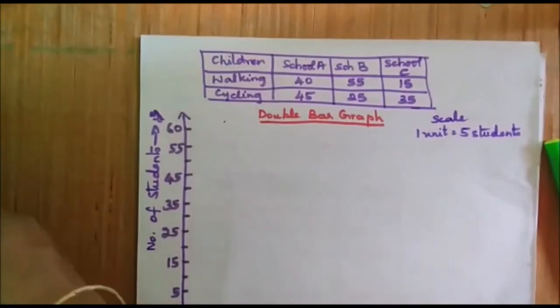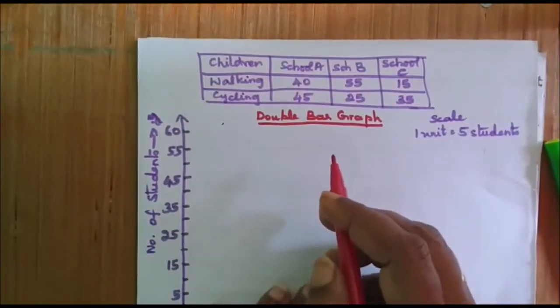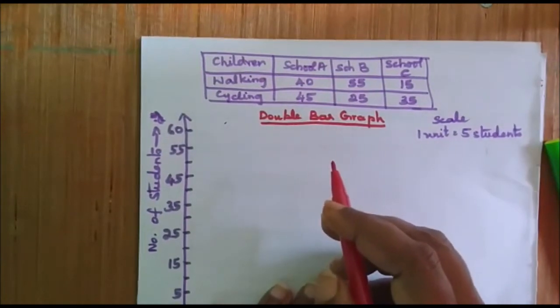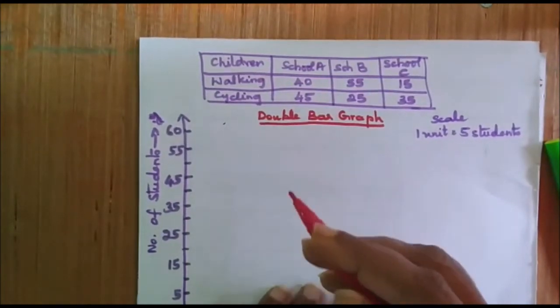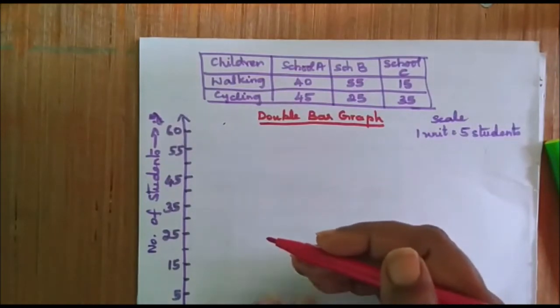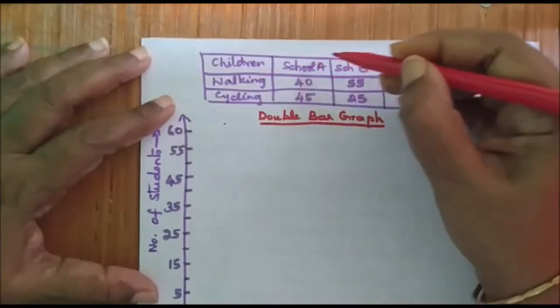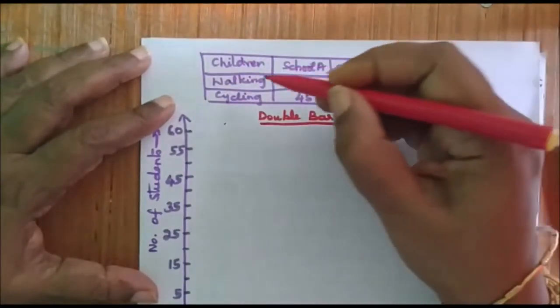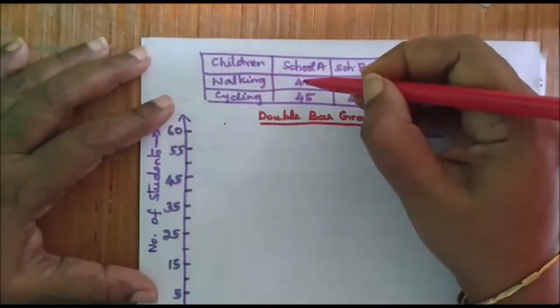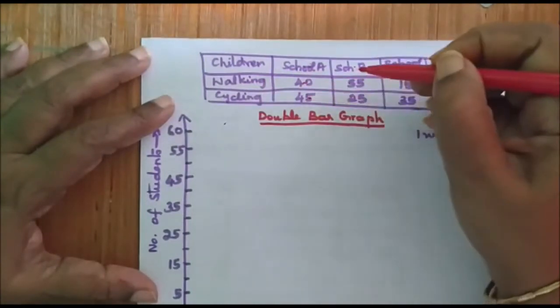Now we are given another topic. It is how to draw a double bar graph. That is, if you want to represent two things in a graph, you can draw a double bar graph. We have been given the children in school A, school B and school C. How many of them come by walking is 40 in school A and cycling is 45.